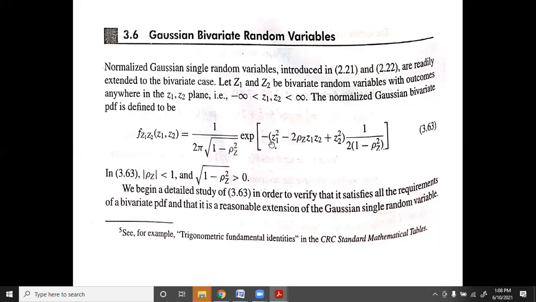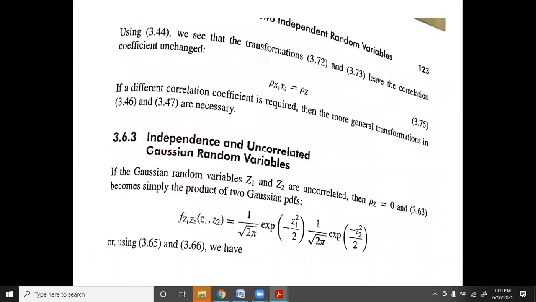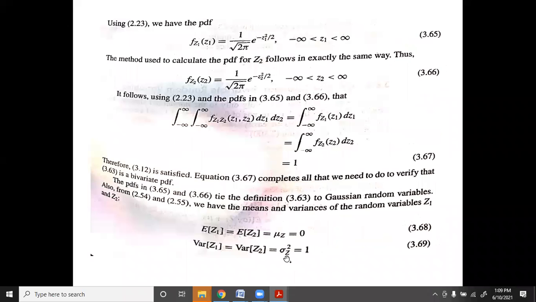If I separate them out, then it becomes minus Z1 squared minus Z2 squared by 2. So I get two different exponentials: exponential of minus Z1 squared by 2, and exponential of minus Z2 squared by 2. And I had 1 by 2 pi there.